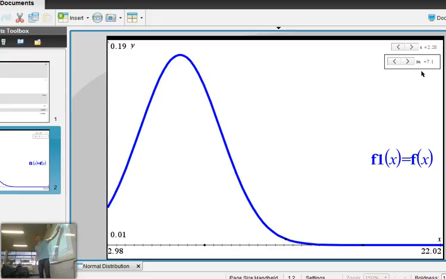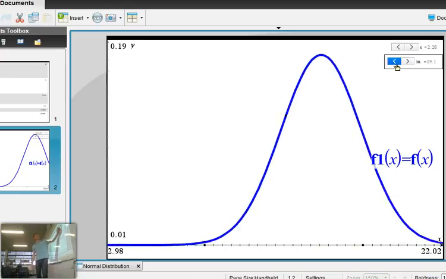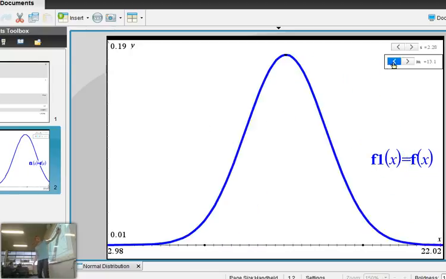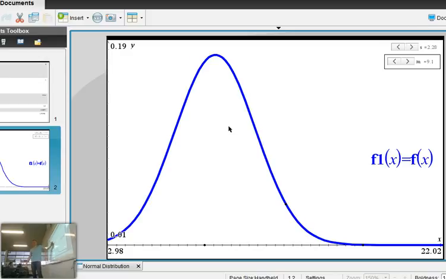So let's say my mean is 7. Then the center aligns with 7 on the x values. So changing the mean is just a shift of the curve on the graph. Is there a reason why it's always 0.1? No, that's just the increment that I've selected.